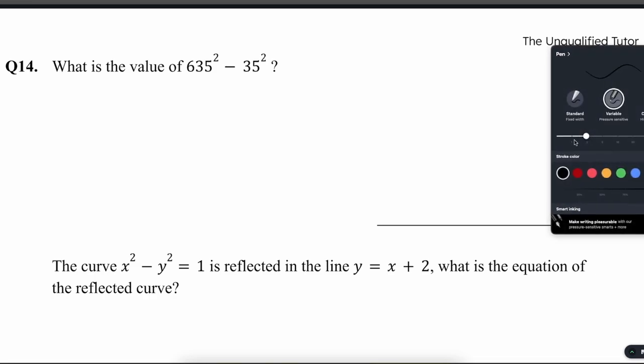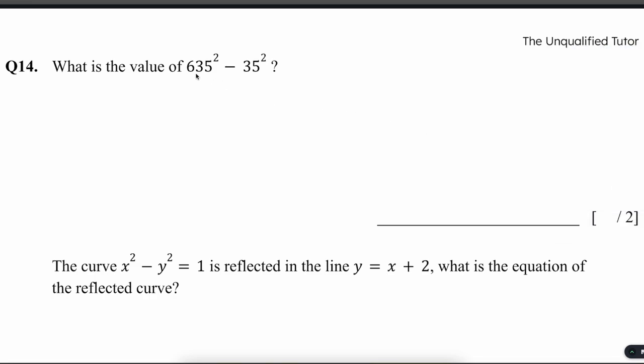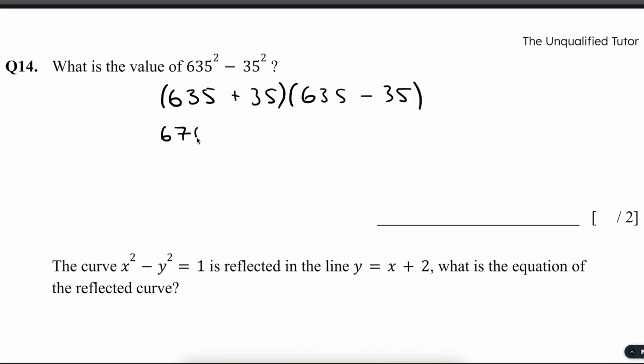of doing it, which is the way that I intended for people to do it, which is the difference of two squares. This is a square and this is a square, so this can be represented as 635 plus 35 multiplied by 635 minus 35, which is 670 times 600.